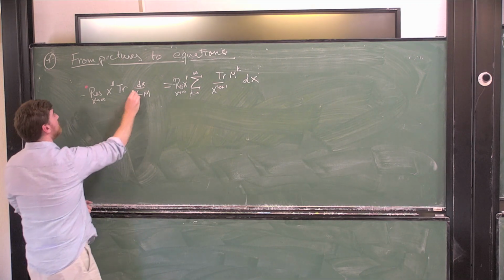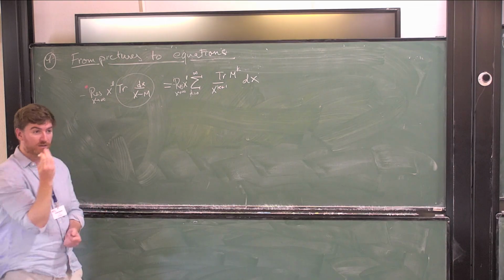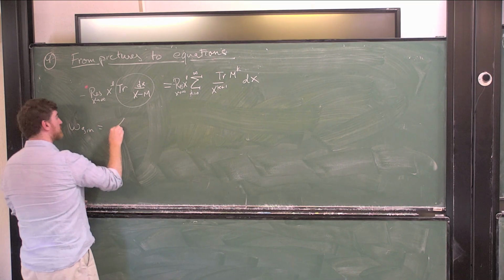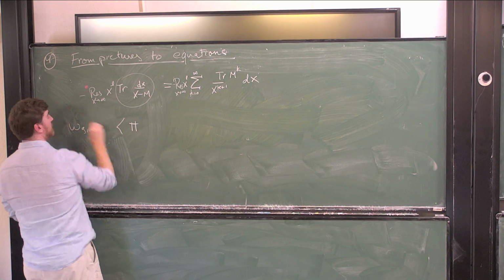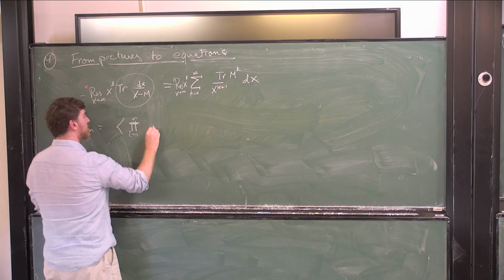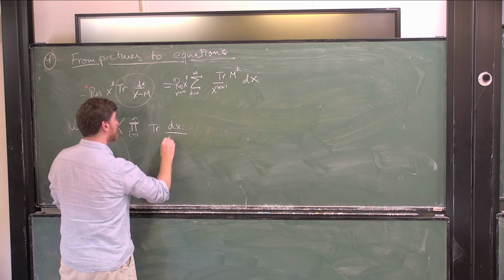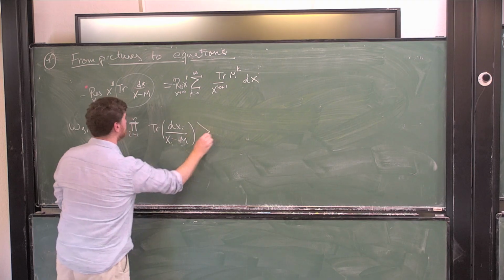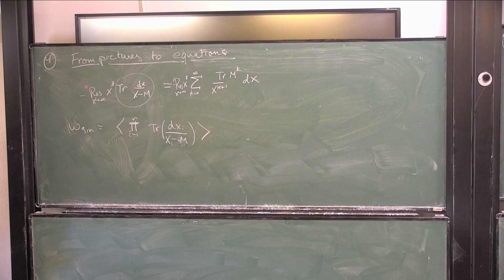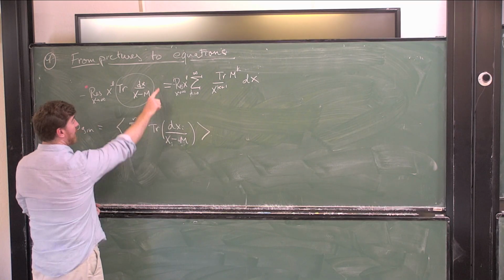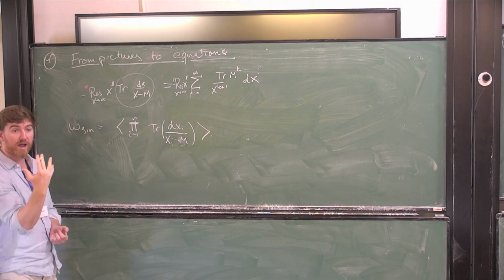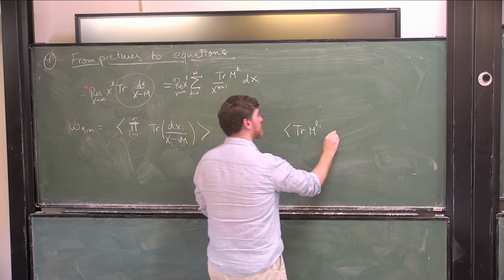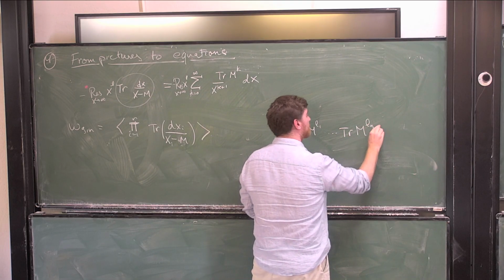But now note that this is actually precisely what is hiding in the WGNs. Remember these WGNs are these differentials, the product from 1 to n of trace dxi over xi minus M. So if I take residues with respect to x going to infinity and multiply by some particular powers, I can always extract the correlation functions, trace M to the L1 through trace M to the Ln.